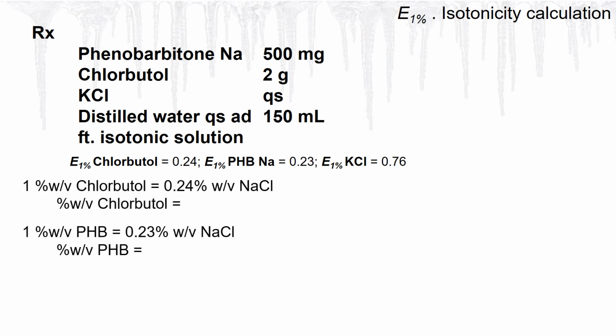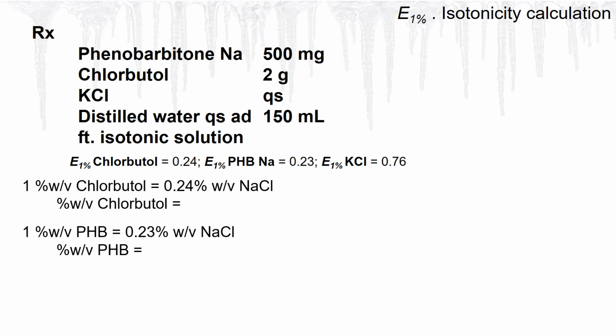First, we convert those ingredients that are present in known amounts to their equivalent in sodium chloride. Let's take chlorbutol as an example. E 1% of chlorbutol is equal to 0.24. It means that 1% of chlorbutol is isotonic, or produces the same osmotic pressure, as 0.24% of sodium chloride.